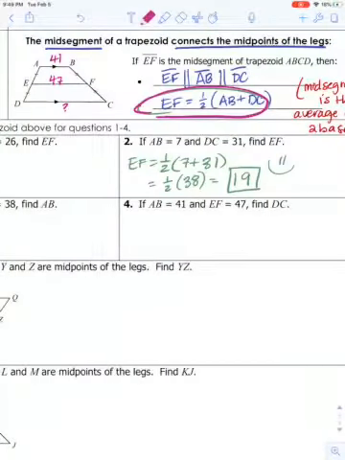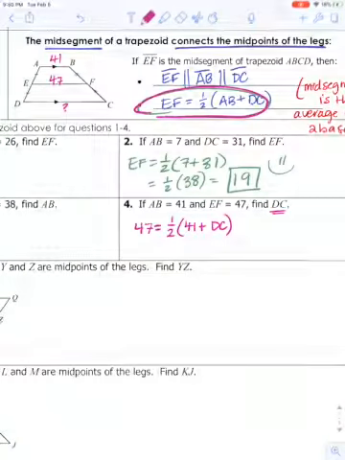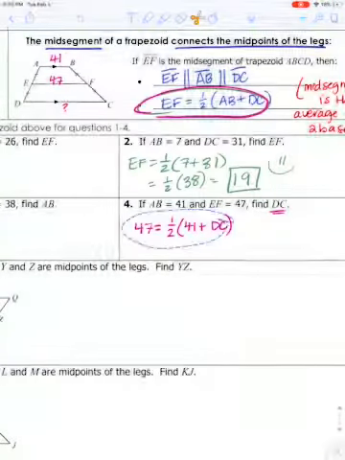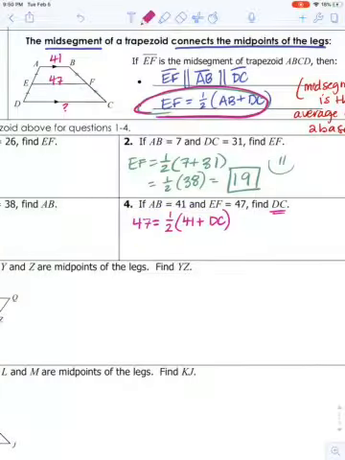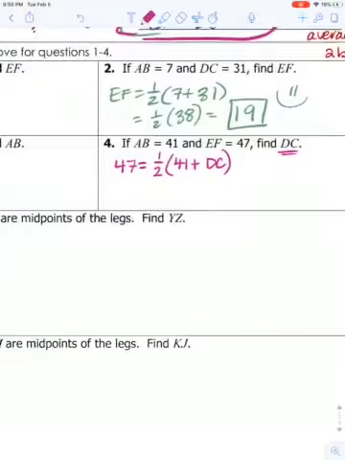What's different, though, is I know the mid-segment is 47. So I plug that in for EF, and that's 1/2 of 41 plus DC, because that's what I'm trying to find. Does that make sense? And then from here, you're just working backwards.